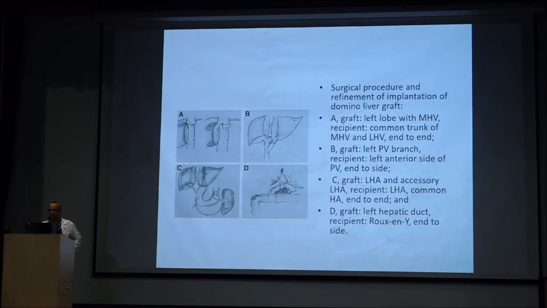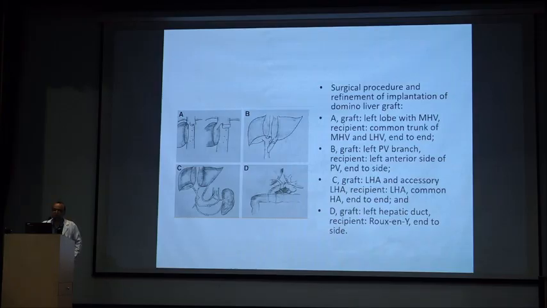Then this is the surgical technique and the refinement of implantation of the domino graft. First is the left lobe with MHV to the recipient common trunk, as usually done in left lobe liver transplantation, but here the complexity increases because the right-sided liver is still there. Then the second is the portal vein implantation, usually a separate implantation in the main portal vein.